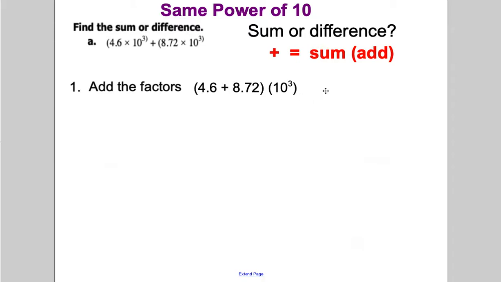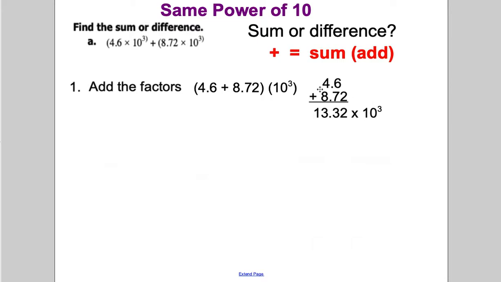Remember when you're doing this by hand that you would line up the decimal points in order to add these numbers together. And when you do that, you get 13.32 times 10 to the third.